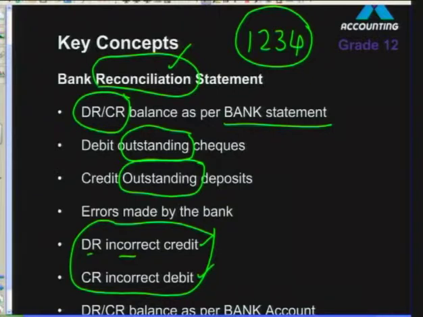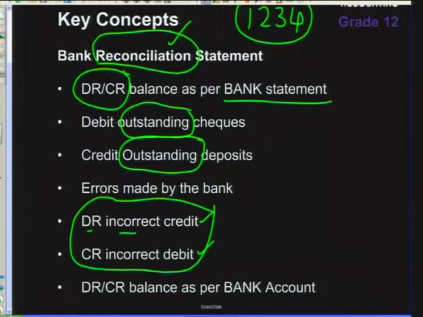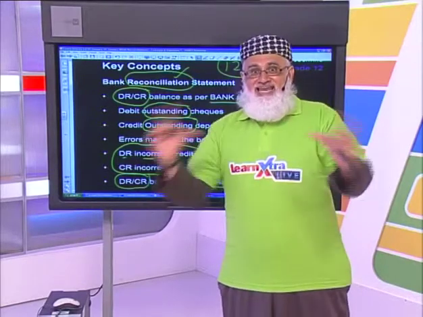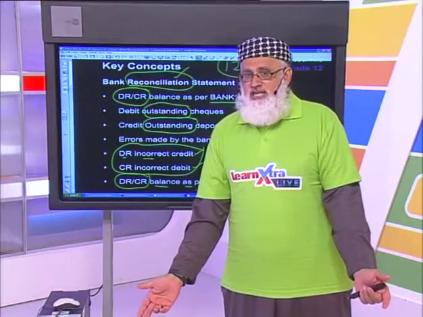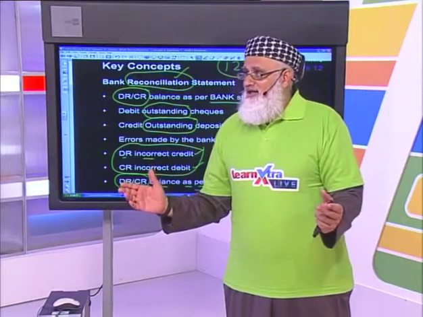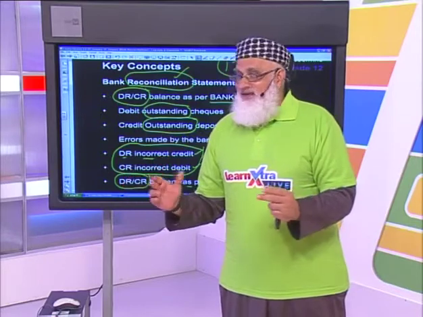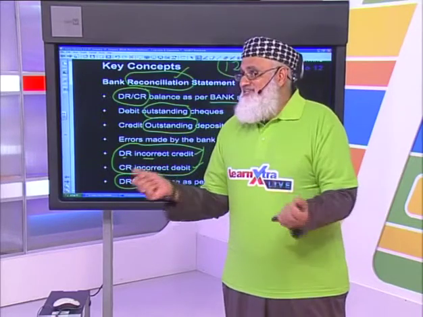So this, grade 12s, would then bring you to the end of your bank reconciliation statement, and then you will end off with either a debit or a credit balance as per your bank account. And when this balance balances your bank reconciliation statement, voila, a great feeling when those two balances agree. Let's go to a short break now.